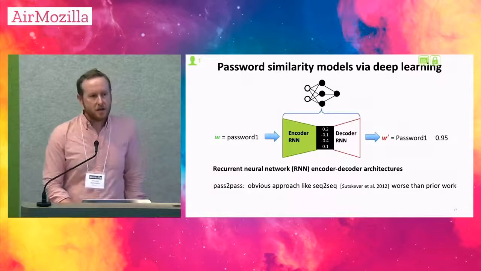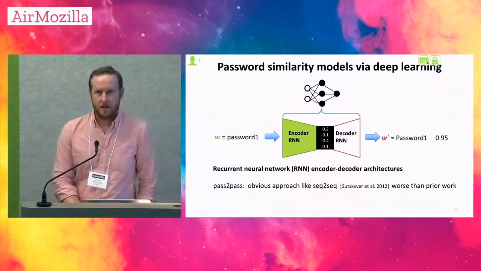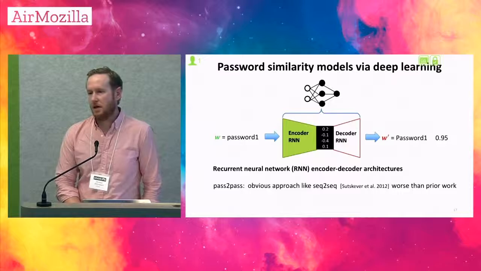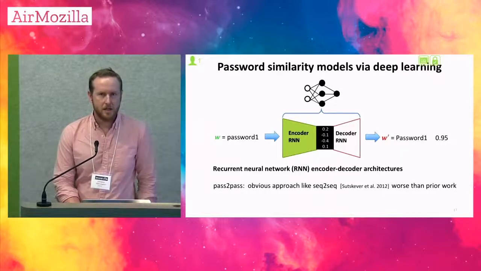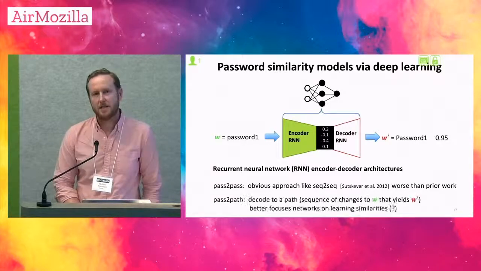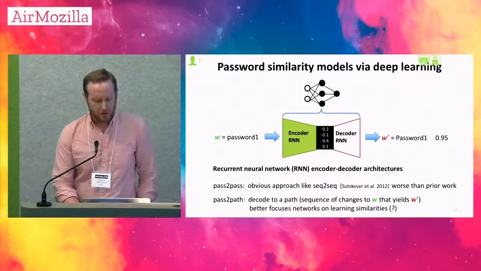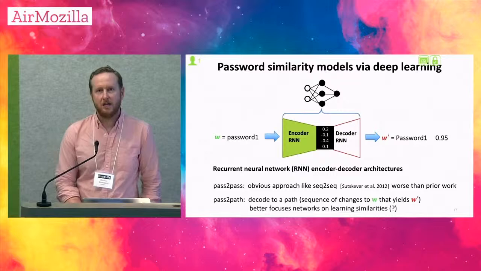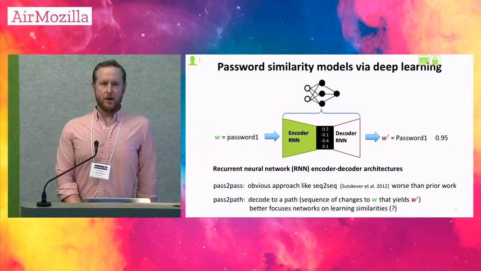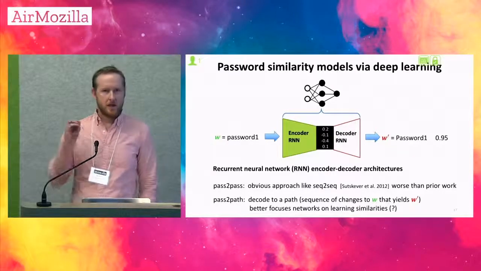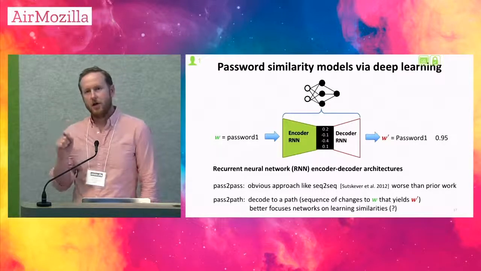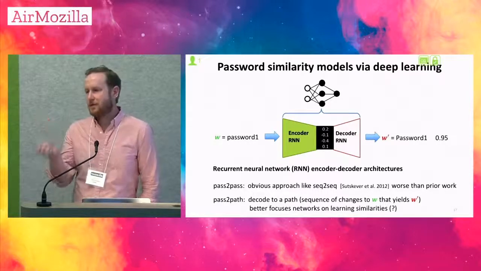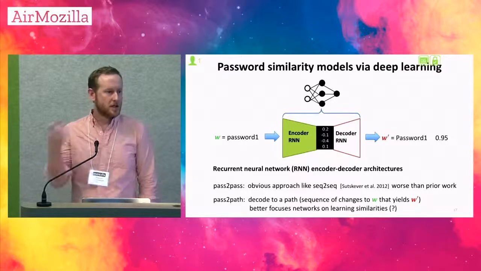The most obvious approaches, like sequence to sequence, which is a classic approach from the machine learning world, didn't work very well. They didn't outperform the previous attacks in this space. We had to do a bit of feature engineering to make this work. In the end, we ended up with a system we called pass2path, which, instead of outputting the password character by character at the other end, outputs differences from the password W to get W prime.